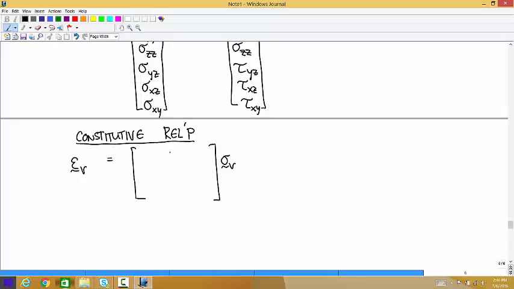They're 6x1 matrices, so how big is this matrix that we're multiplying by? 6x6, yep. This one's called the compliance matrix, because the bigger the values are of this matrix, the easier the material is to deform.